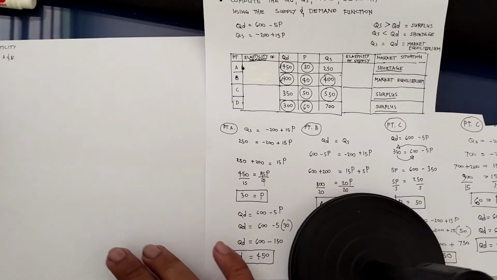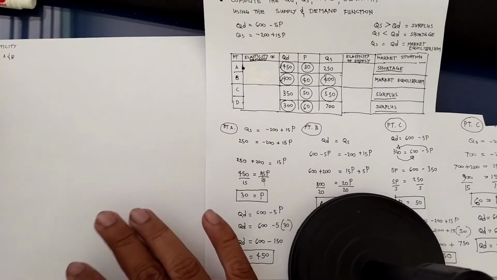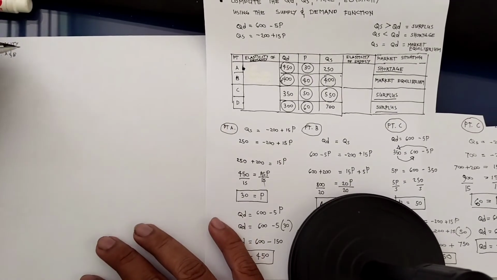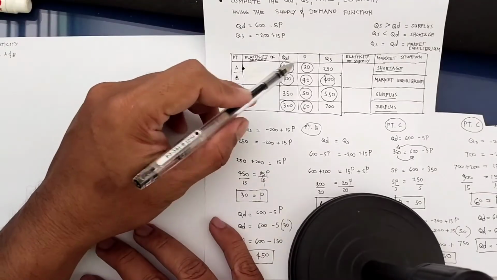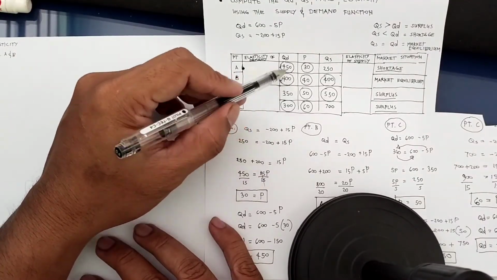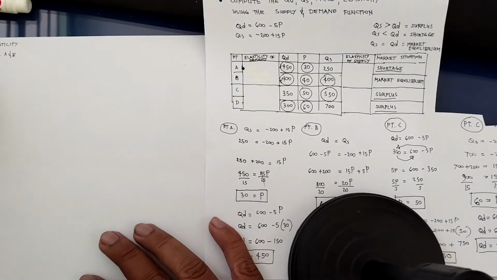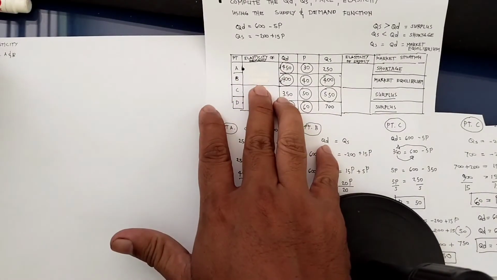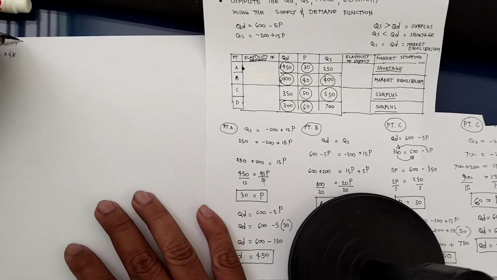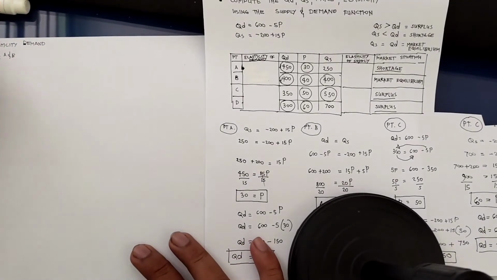Elasticity. Okay. So in the computation of elasticity, we have Q and price. So we will use the quantity demand and also price. So let's have the quantity demand. So we will answer that one. So elasticity of demand first. Okay.